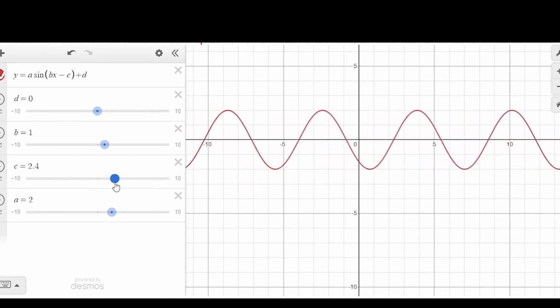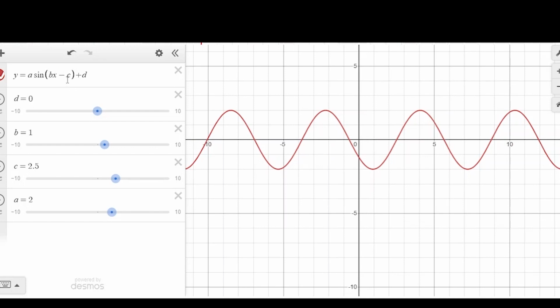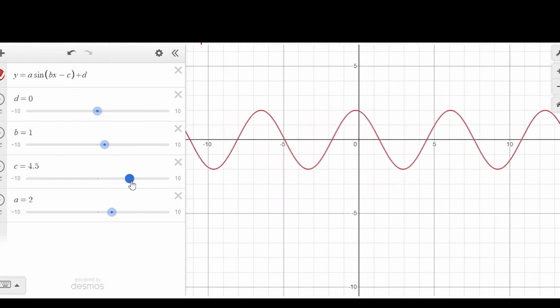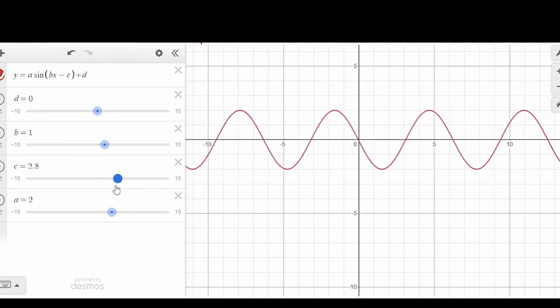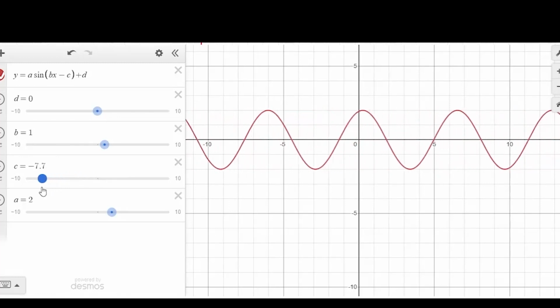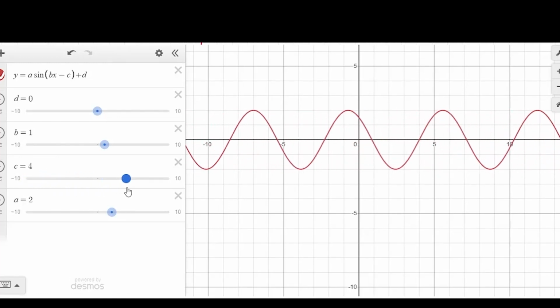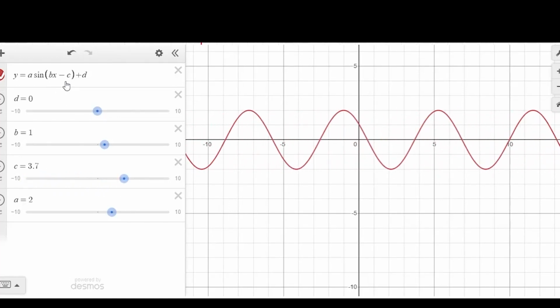Okay, C is negative here. So when we move it towards positive, it is moving towards right. It is moving towards left. So this value C is its translation. Translation from right to left or left to right.